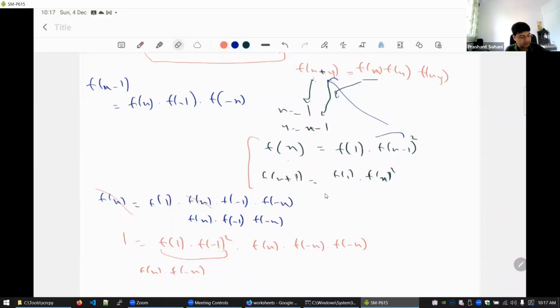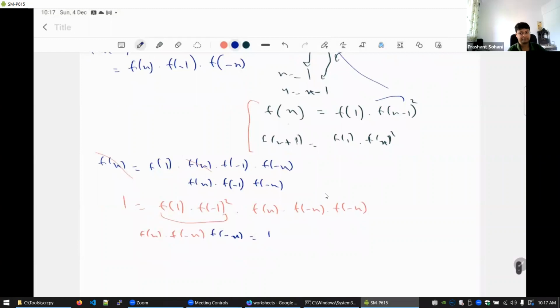Now notice the slight asymmetry: f(x) is occurring once and f(minus x) is occurring twice. How can we exploit that asymmetry? We can put x equal to minus x. If I just change x to minus x, then we are also saying that f(minus x) into f(x) whole square is equal to 1.